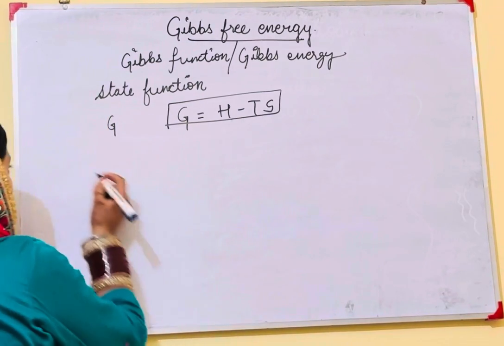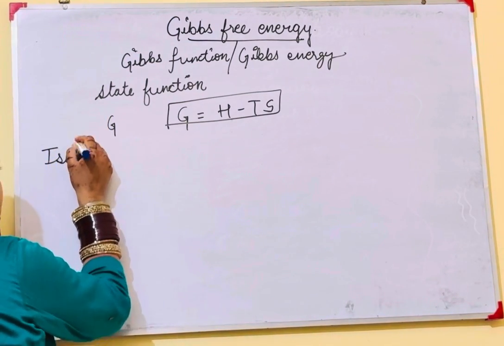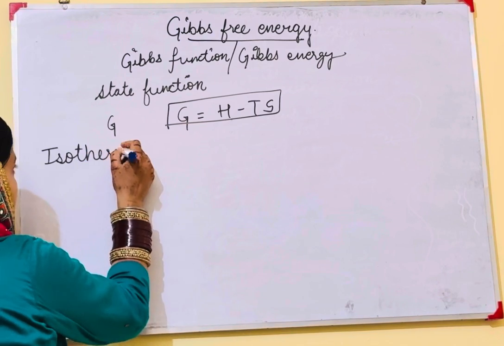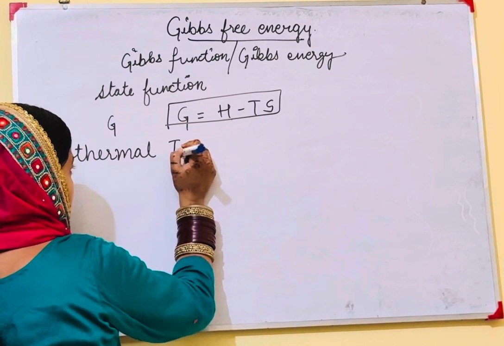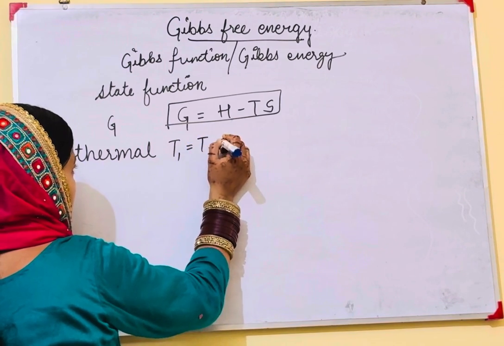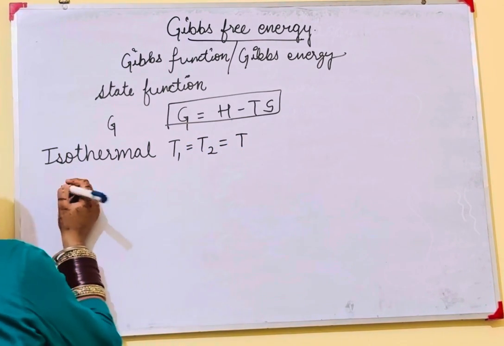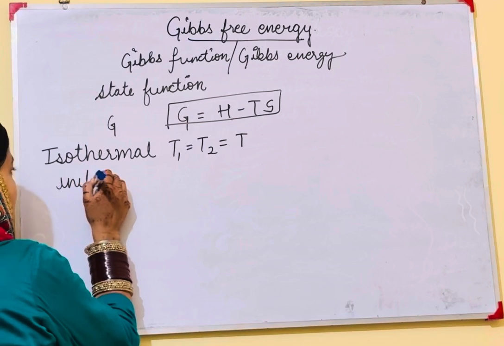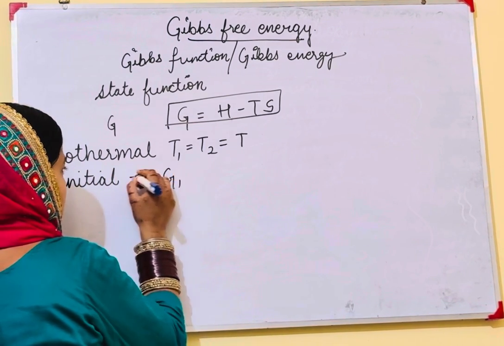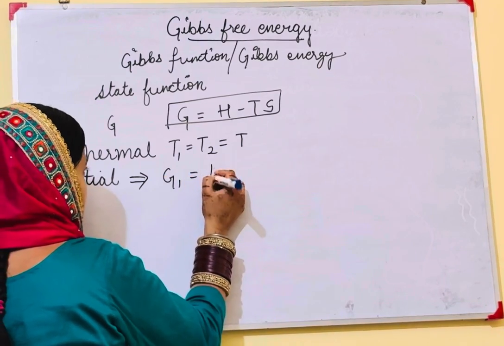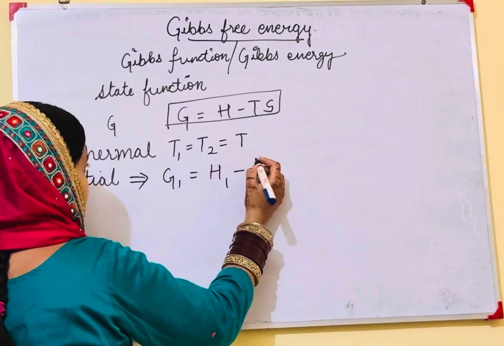Now if we talk about the isothermal condition, in an isothermal condition, temperature is constant. So T1 equals T2, which equals T. For initial conditions, we take G1 equals H1 minus TS1, as T is constant.